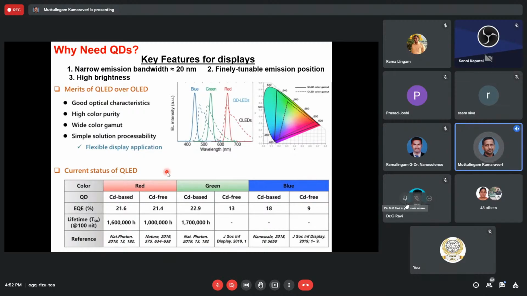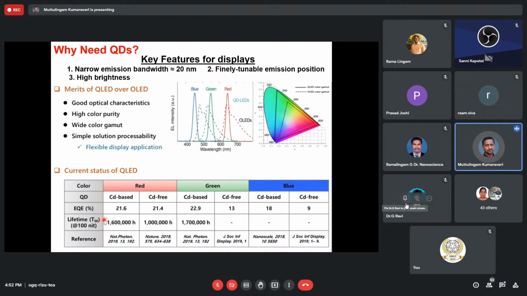Solution processing can be done for the big substrate, but with vacuum thermal evaporation the sizes become smaller. And there are other problems: thickness evenness is also a problem for vacuum thermal evaporation. Okay, then I will move on. Flexible display application is also possible with these quantum dots.